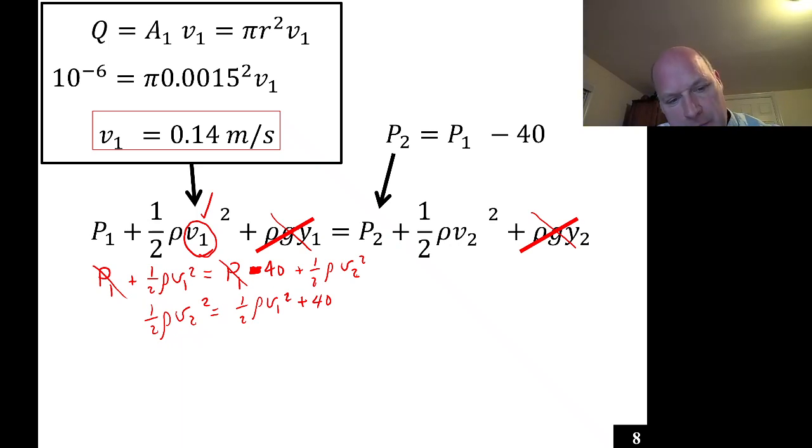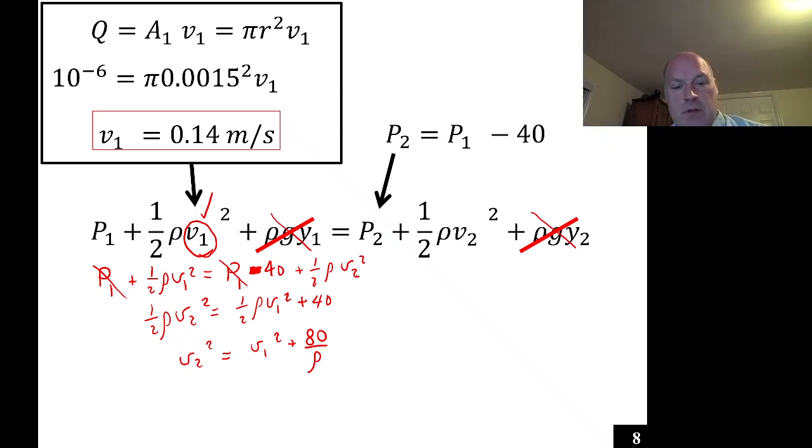And then I can throw more things to the right side. And we get V1 squared plus, multiply everything by 2 to get rid of the half, 80 over rho.